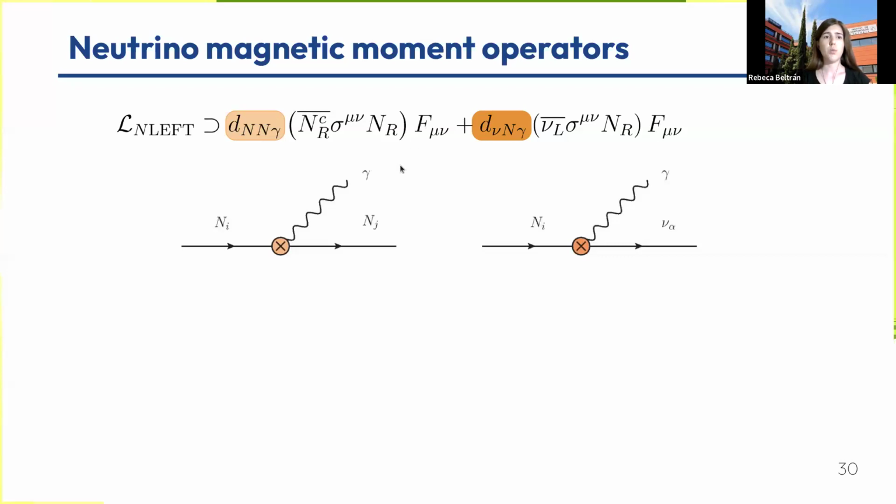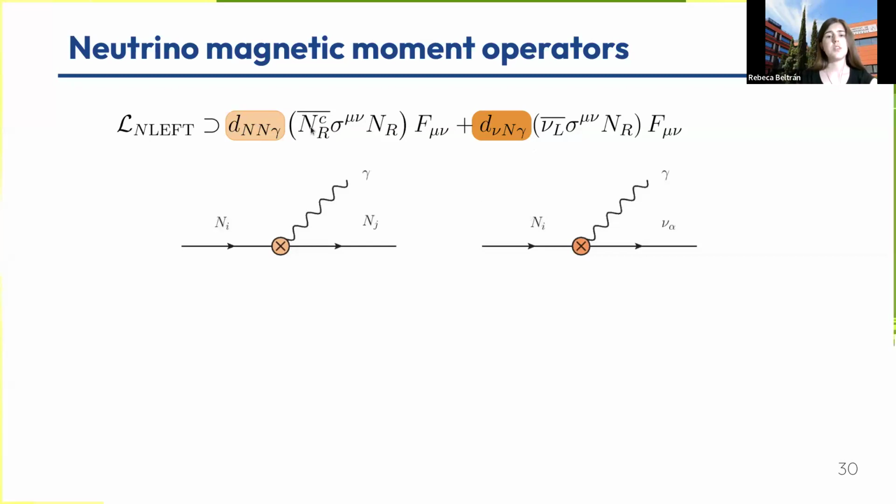These are actually the only two dimension-5 operators we find in the theory. The former represents the transition magnetic moment between two different sterile neutrinos, while the latter represents the active-sterile neutrino magnetic moment.